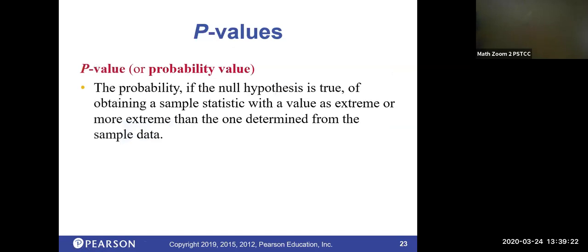So we have the p-value. This is the probability of obtaining an extreme data value, and this is what we are trying to avoid. We are trying to avoid the error.